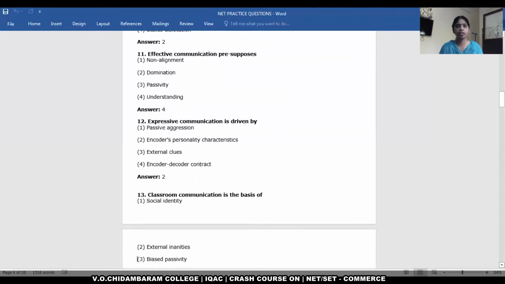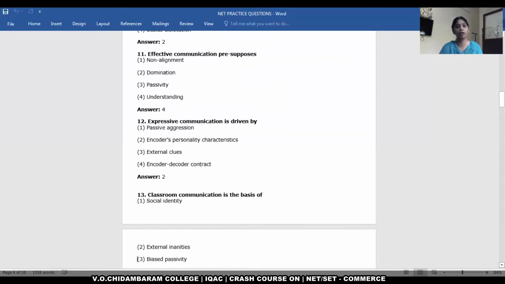And then external clues are the clues that I am giving while communicating, some body movement or some particular gesture. Or encoder-decoder contract, understanding alone, based on some agreement. So these are the four options. Now tell me the right answer.